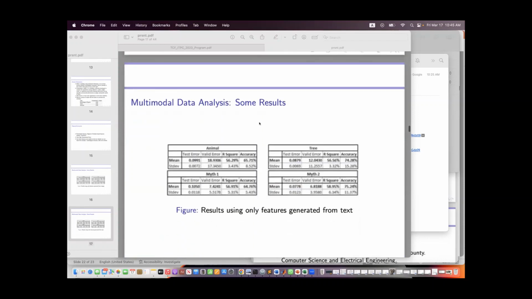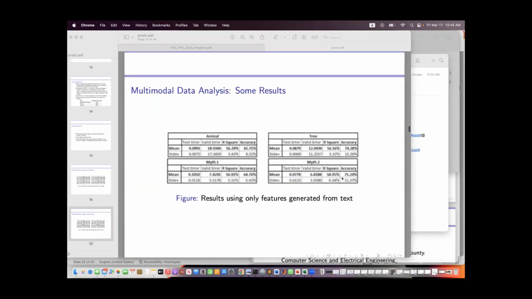And you will see that the same thing is reflected here. The accuracy of our methods are sort of on the lower side. And the reason we believe is these are very simplistic models.